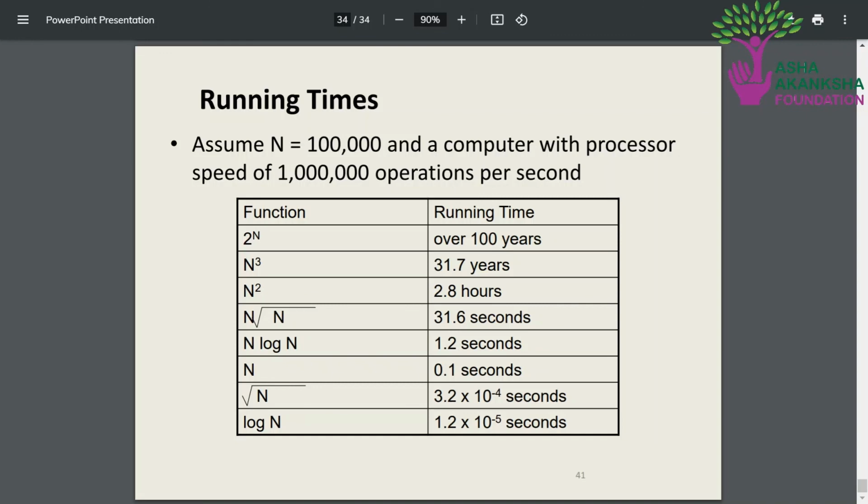But if the algorithm becomes a linear time complexity algorithm, the runtime changes to just 0.1 second, which is the 1000th part of the runtime of the quadratic time algorithm. This is how time efficiency plays a role in real life, and it has a great impact on the processors and the runtime of an algorithm.